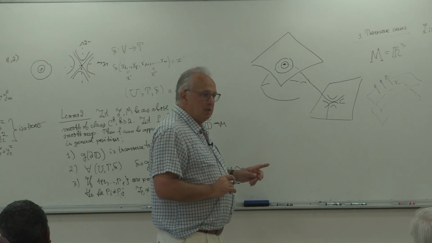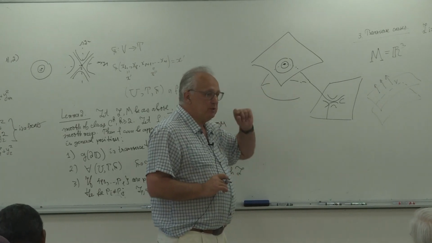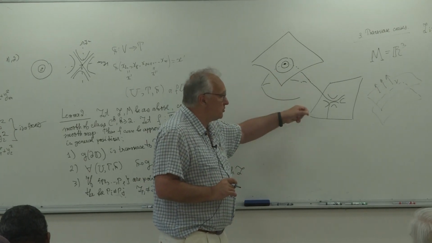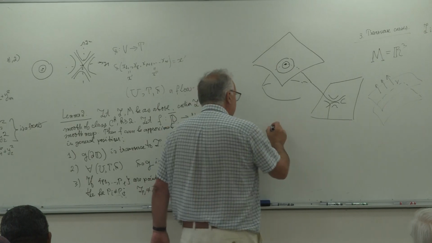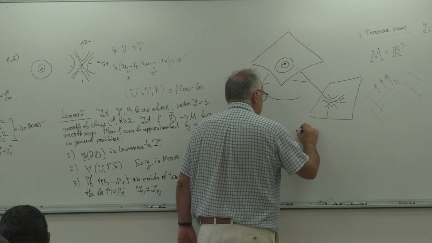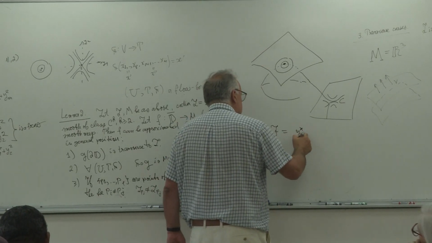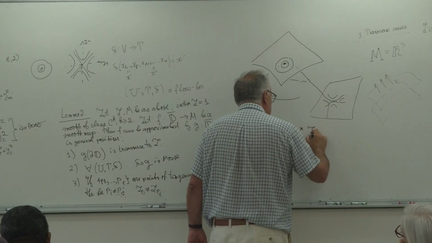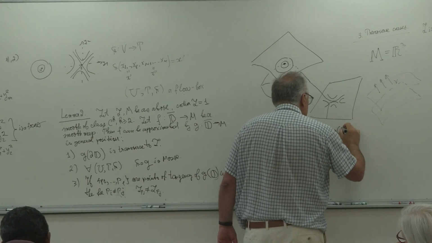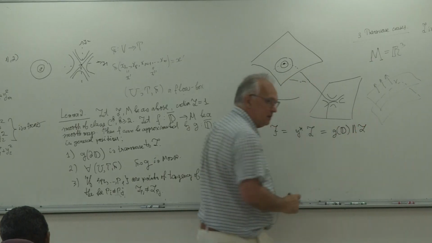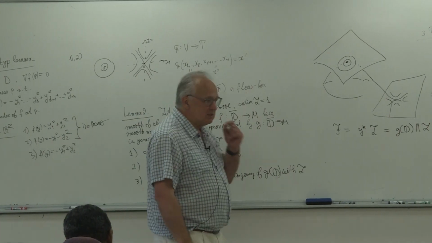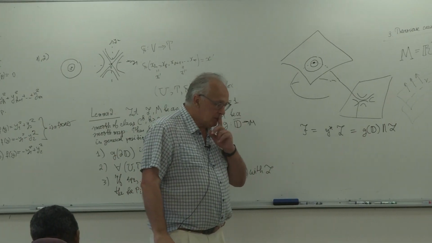And two singularities cannot be on the same leaf, and that means the two singularities are not joined by a trajectory. So if F is a foliation induced by L on our disk, you write this as the pullback of L, or you can write this as disk intersected with L. I think it's clear what I mean. So this foliation has this particularity.